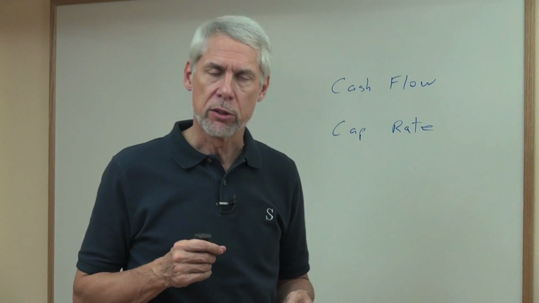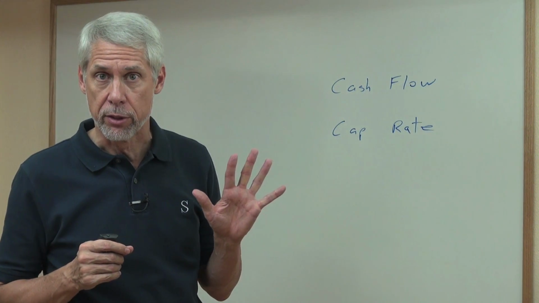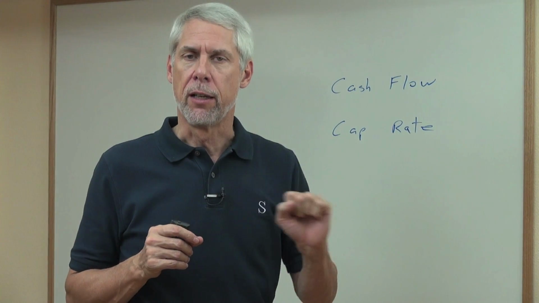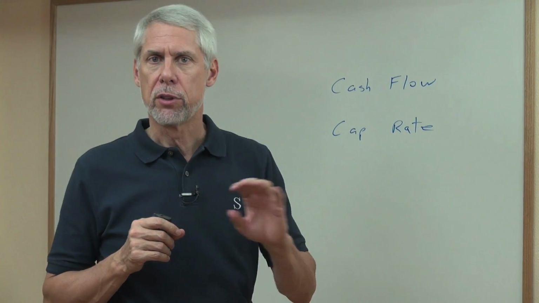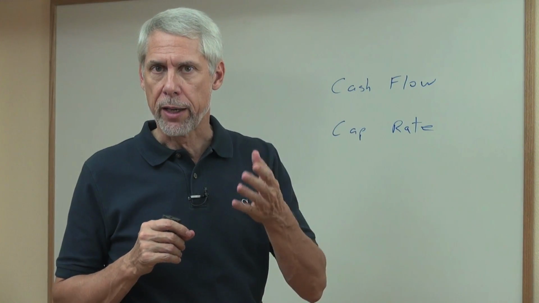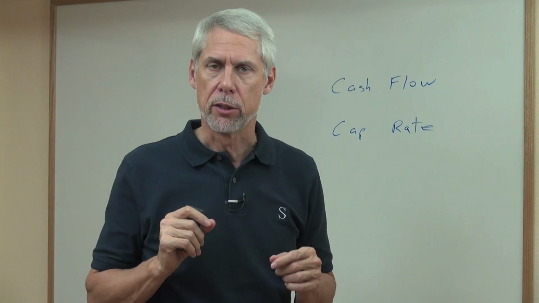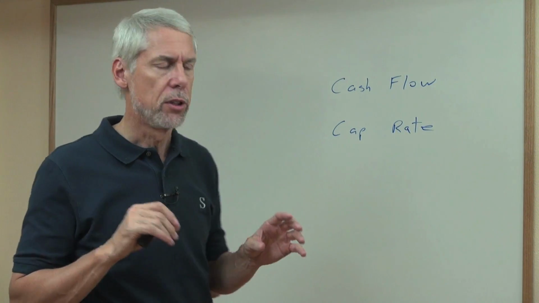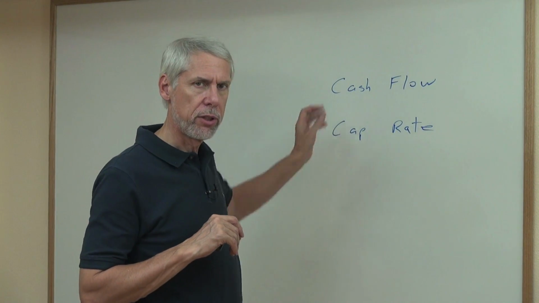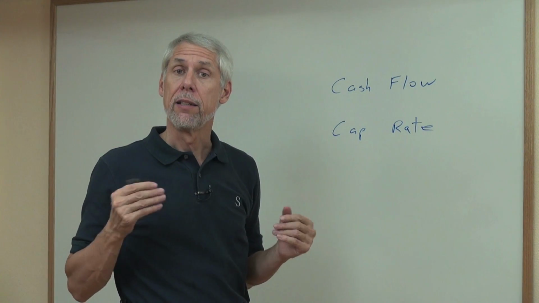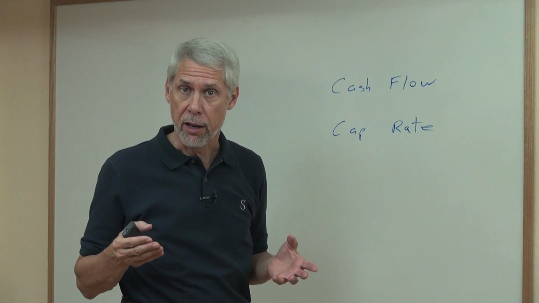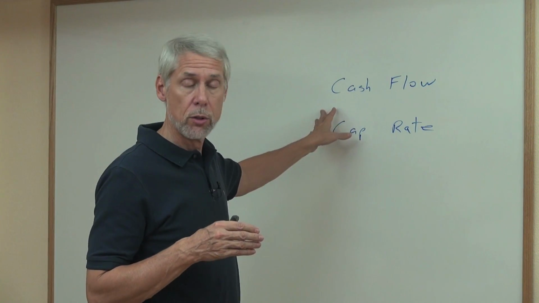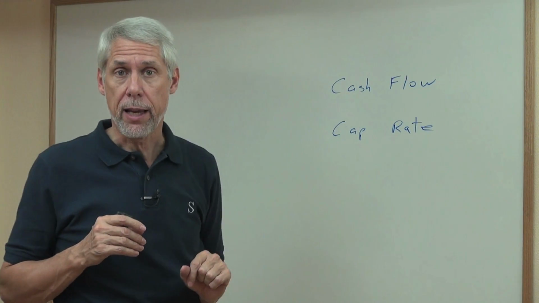When we do valuations, we often look at the last 5 years and we average them, either a straight average of the 5 years or we do a weighted average depending on how we think the market is changing. But just to keep it simple, let's say it's a straight average. So you could add up the cash flow for each of those 5 years and then divide it by 5 and you'll have your average cash flow to use with the cap rate.